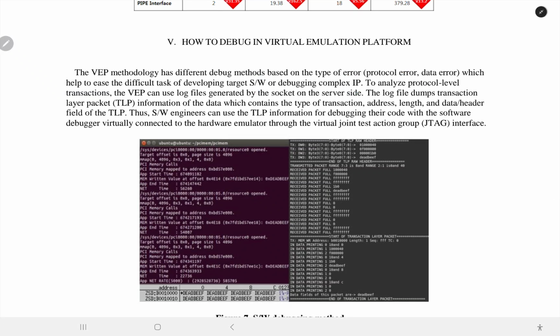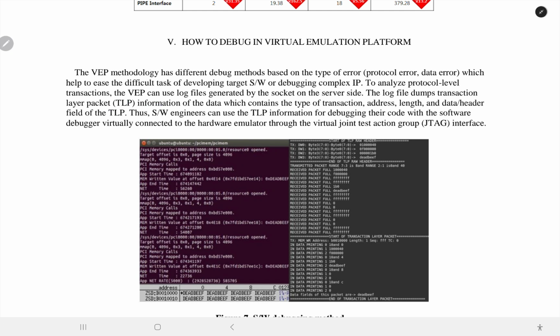To analyze the protocol level transactions, the VEP can use log files generated by the socket on the server side. The log file contains transaction layer packet, TLP, information of the data, which contains the type of transaction, address, length, and data header fields of the TLP.